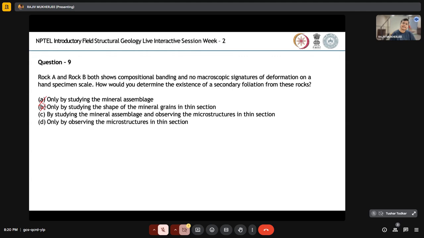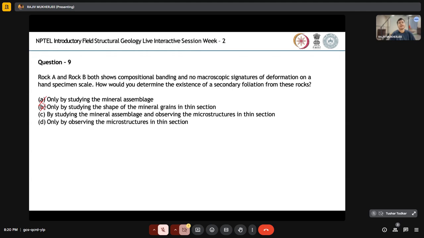So that is in general term microstructure. That means we are trying to recognize a pattern in micron to submicron scale. We observe the grain boundaries, the grain size, the grain shape, the interlocking pattern, the bulging and migration of grain boundaries, right?